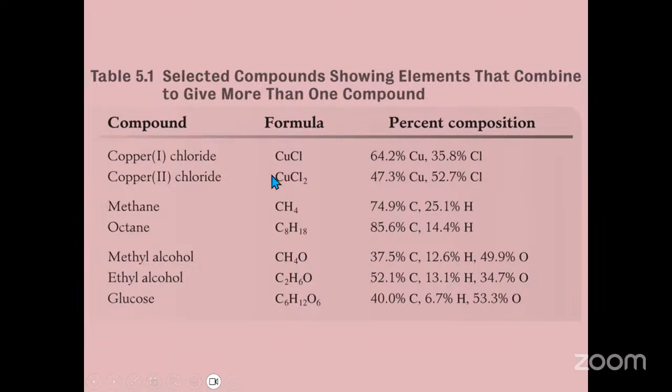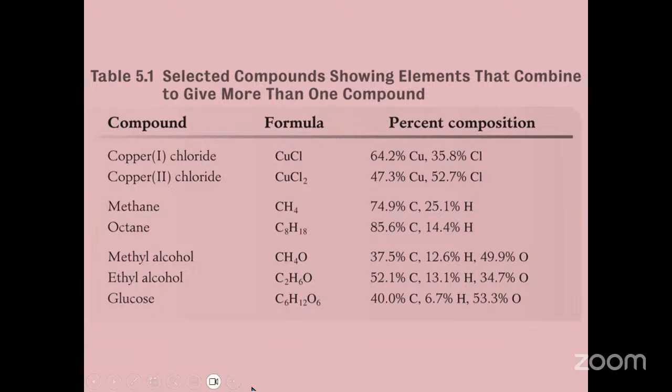In the case of copper-1 chloride, these are the percentages. In the case of copper-2 chloride, these are the percentages. If you were to go into further detail and figure out the mass of copper in a particular sample, in each of these cases, if they're the same, then you'll find that the ratio of chlorine in copper-2 chloride to copper-1 chloride is 2-to-1.